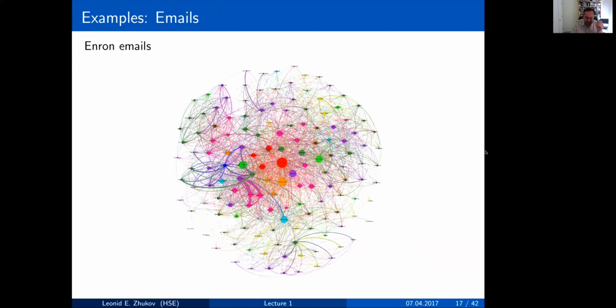In the center is the CEO of the company and other officers. The size of the node is the volume of communication, edges are communications between two nodes, and the thickness is the intensity of the communication. So we know, for example, that there were a lot of conversations happening there, right? And the map is zoomable, so you can see exactly who is talking to whom and how much.